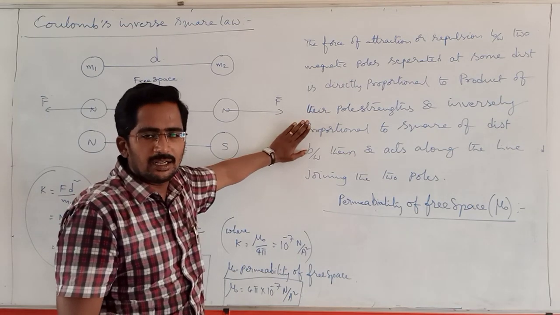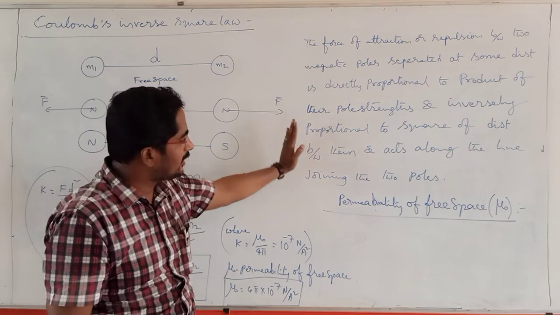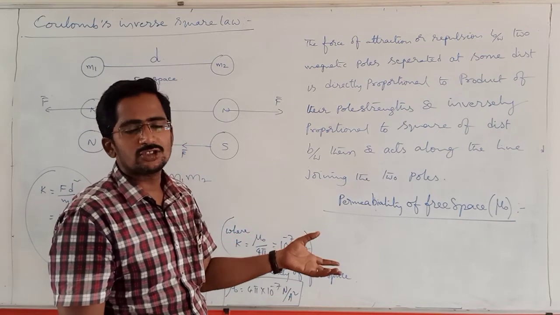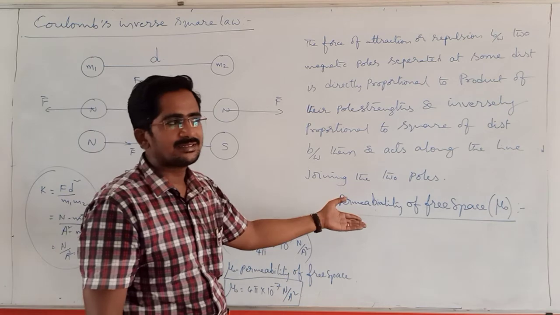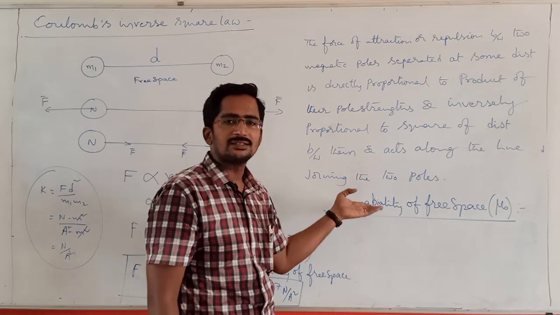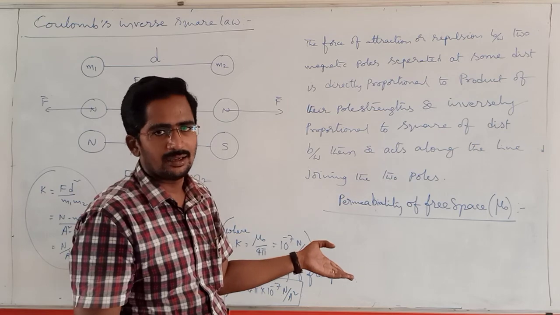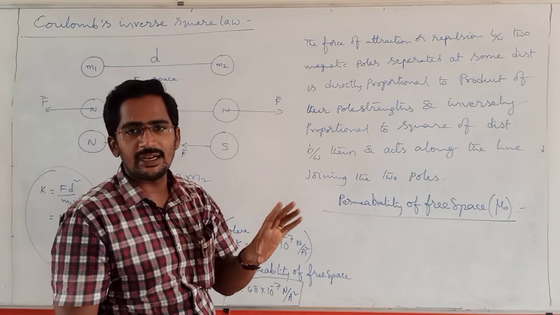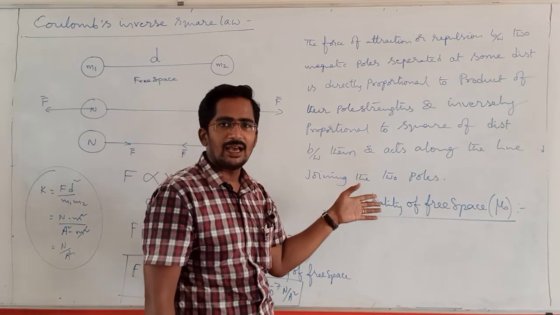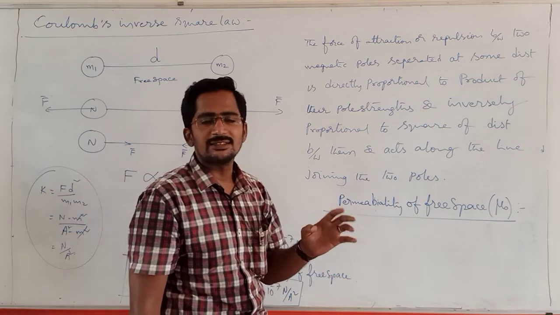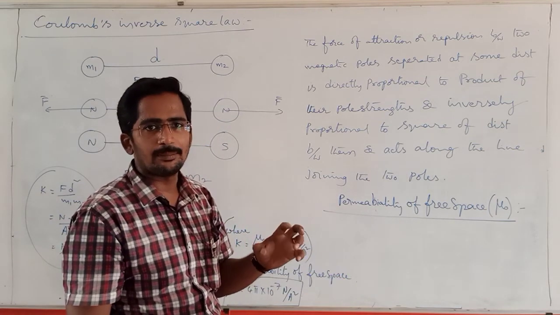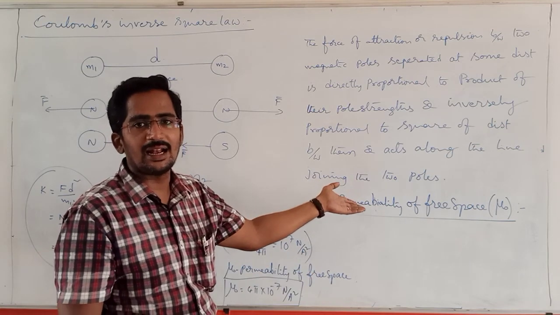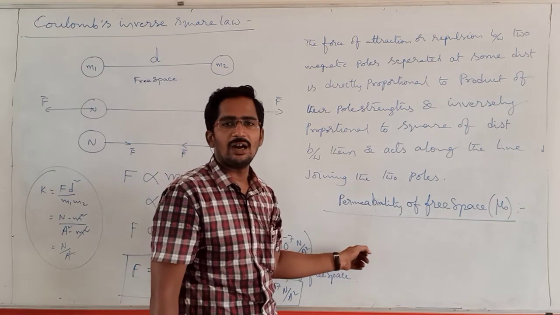Either permittivity or permeability tells you how far the medium permits the lines to pass through it. Permittivity is the permission given by the medium to pass electric lines through it. But the permission given by the medium for magnetic lines is called permeability.